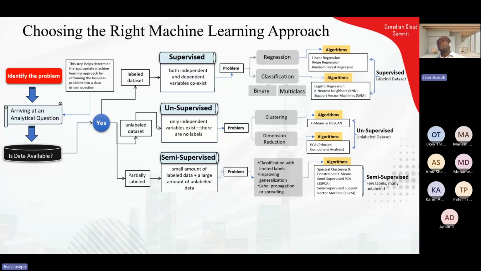We also have what we call improving generalization. This leverages the structure in the unlabeled data. The model can learn better decision boundaries and also avoid overfitting. We have another one, what we call label propagation, or spreading. It uses the few labeled examples to infer labels for the unlabeled ones, right?